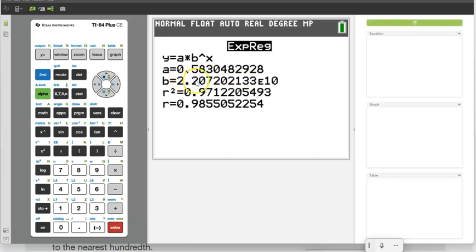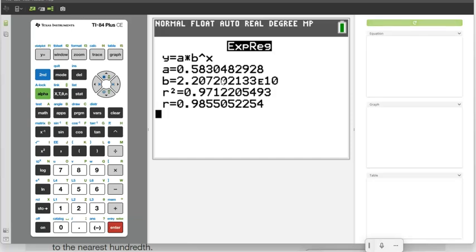So this would be 2.2072022133 times 10 to the 10. So basically that means move your decimal 10 places. So 1, 2, 3, 4, 5, 6, 7, 8, 9, and then we'd have to add a 0 for that last place. Okay, so this is going to be my A value, and then that great big number that we just mentioned is going to be our B value, and that would be our equation.